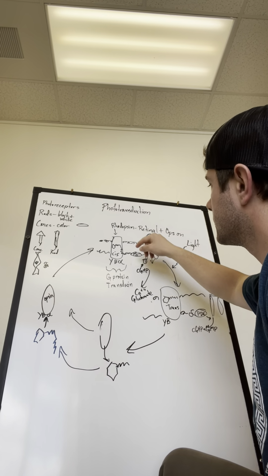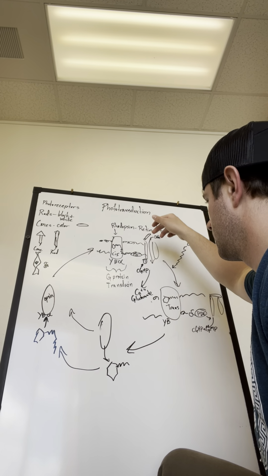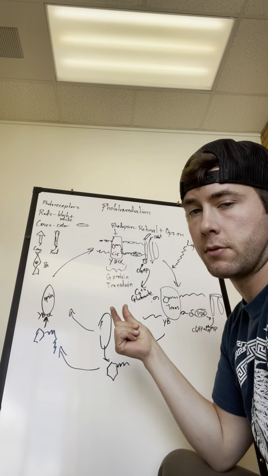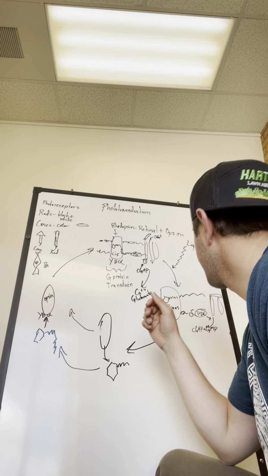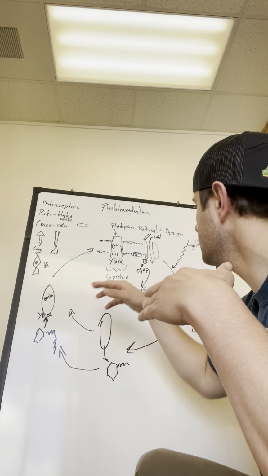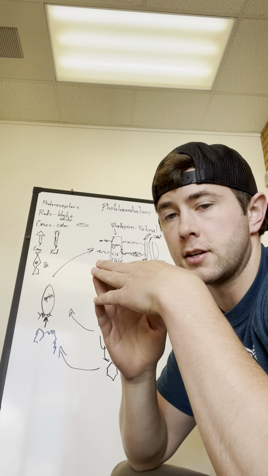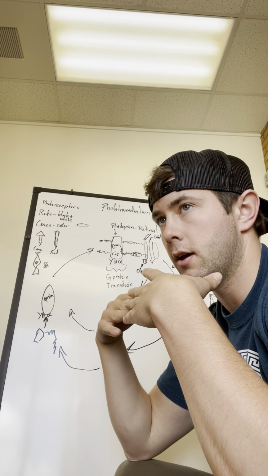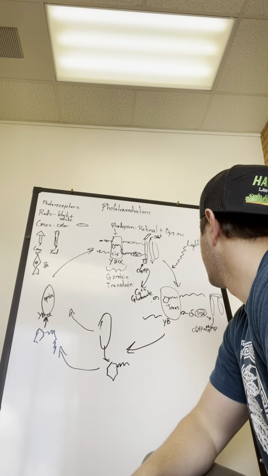When light hits this disc, or rather when it hits rhodopsin, it changes the conformation of retinol. And this retinol is going to change from a cis conformation, as mentioned before, into a trans conformation. So instead of bent, it will now be relatively straight.